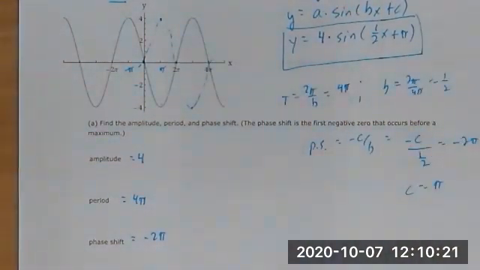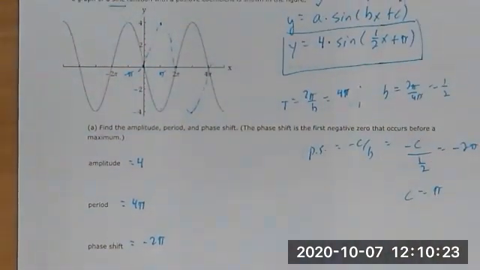So I hope that's the equation. Amplitude 4, period 4 pi, phase shift negative 2 pi, so 4 sine 1/2 x plus pi. Great.